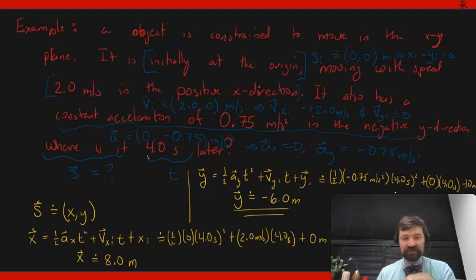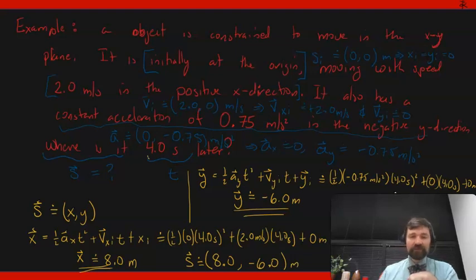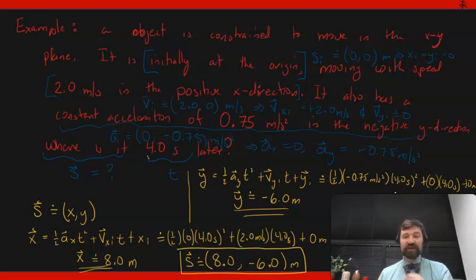If I take this y final and this x final, I can put them together to get the final position, which can be represented as 8 comma negative 6 meters. Since we haven't specified whether this needs to be in polar or Cartesian, this suffices for the answer.